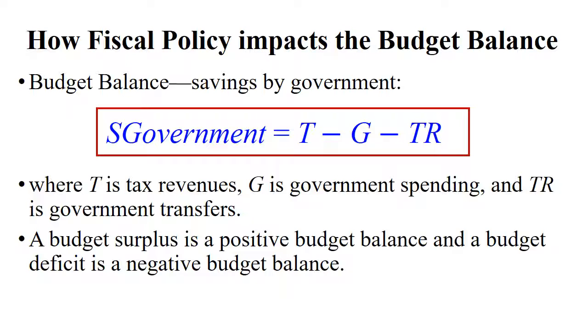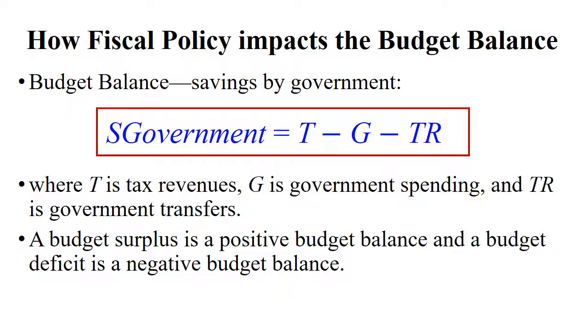They're taking in more than they're spending. If we have a deficit, we have a negative budget balance, and the government is not saving, or, if you recall that word, dis-saving. So here we have the same equation you've seen before, where budget balance is taxes minus government spending minus transfers. These are all just shortened into a way that's a little bit easier to write, but it's the exact same equation, and you can feel free to write it out fully if you would like.